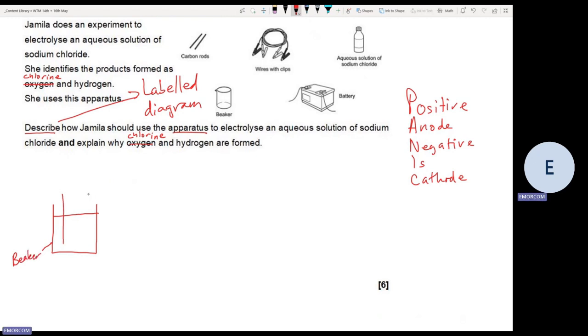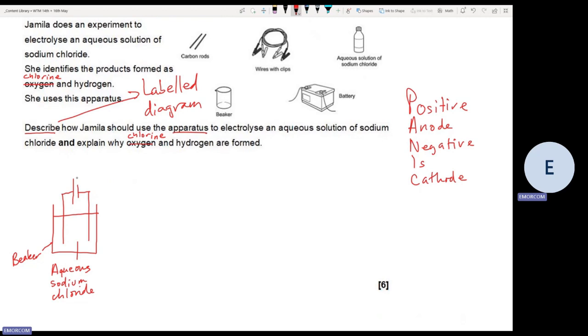And in our beaker, we are going to have our solution, so our electrolyte, which in this case is aqueous solution of sodium chloride. So aqueous sodium chloride. And we can have our electrodes connected to our battery.